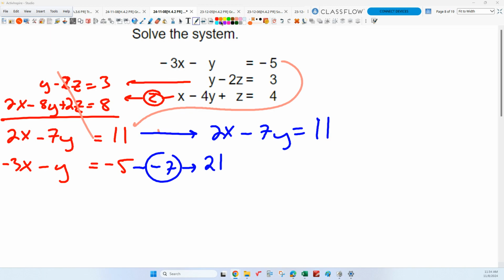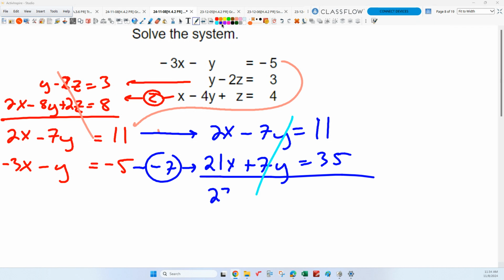So that's going to give me 21x plus 7y equals 35. Add those up. The y's cancel. I get 23x equals 46. What's x? 2.